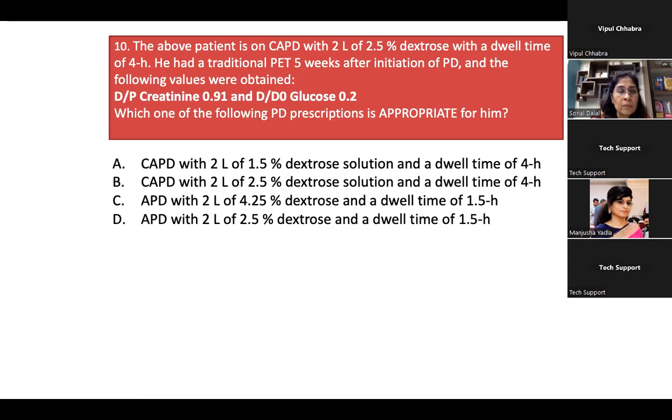Option B, 2 liters of 2.5% dextrose and dwell time of 4 hours. Option C, APD with 2 liters of 4.25% dextrose and dwell time of 1.5 hours. And option D, APD with 2 liters of 2.5% dextrose and dwell time of 1.5 hours. How would you prescribe this patient's PD regime?